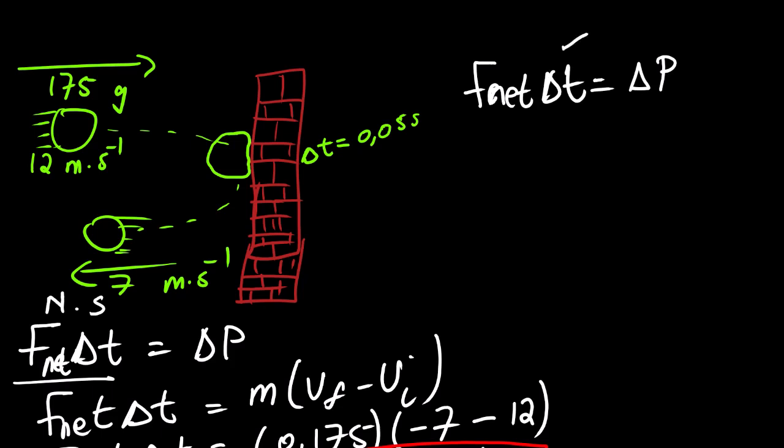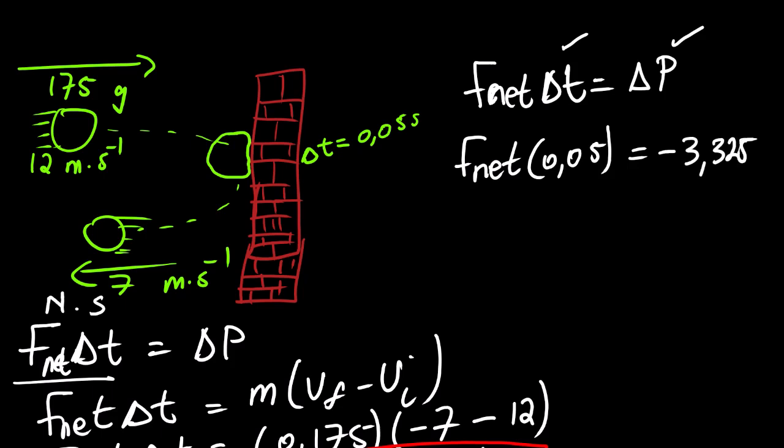Since we have this, we need the duration of contact and the change in momentum. So F net times 0.05 is equal to negative 3.325. Then we divide both sides by 0.05.